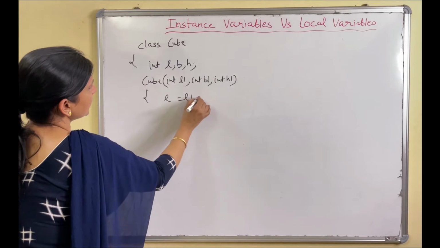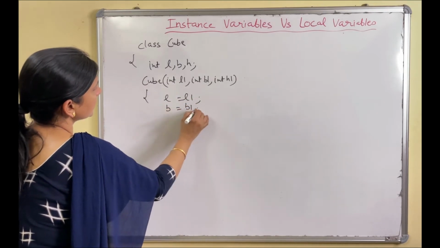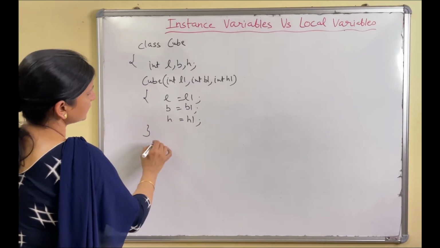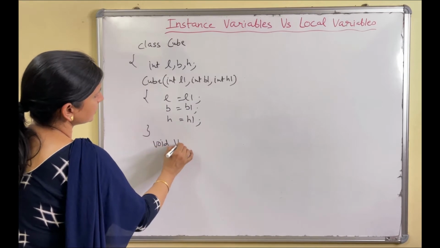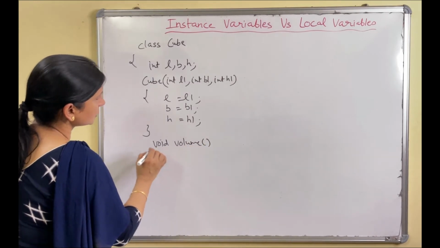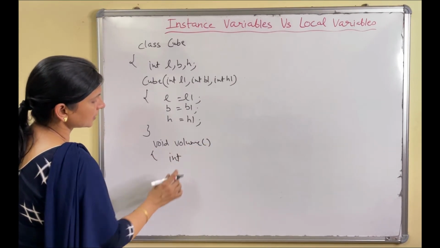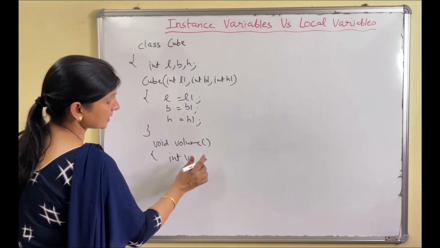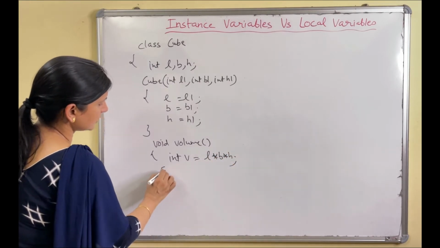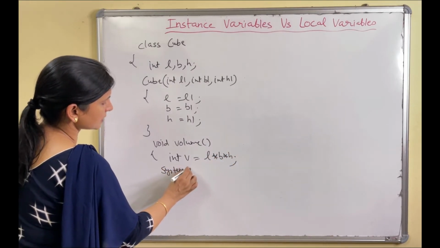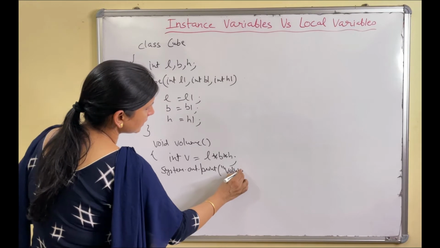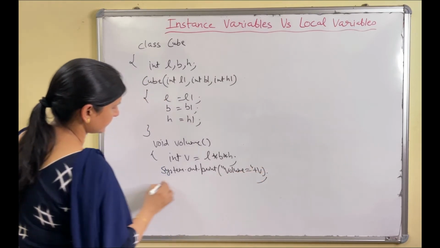L1 will be assigned into L, B1 will be assigned into B, and H1 will be assigned into H. And then we will make a function void volume, and in that function we will calculate the volume, taking a variable v which I am declaring inside the method, and then we will display the volume. System.out.print volume equals to v, right?